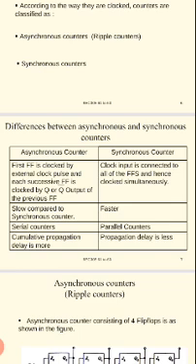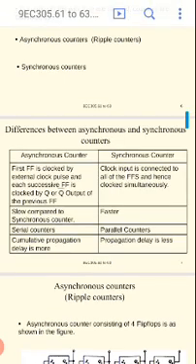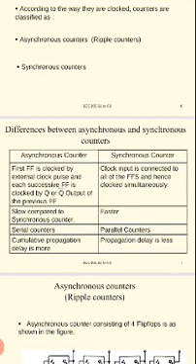If the output of one flip-flop is given as the clock to another flip-flop, then it is called an asynchronous counter. This is the main basic difference between asynchronous and synchronous counters.